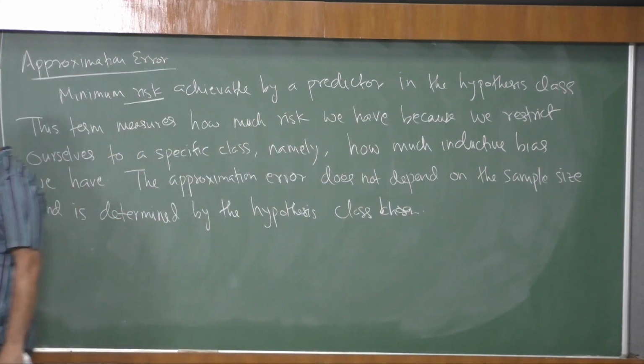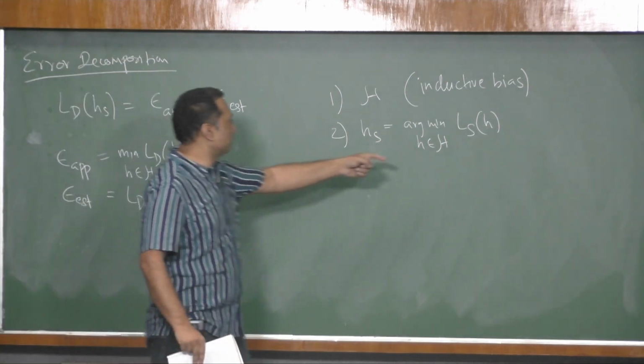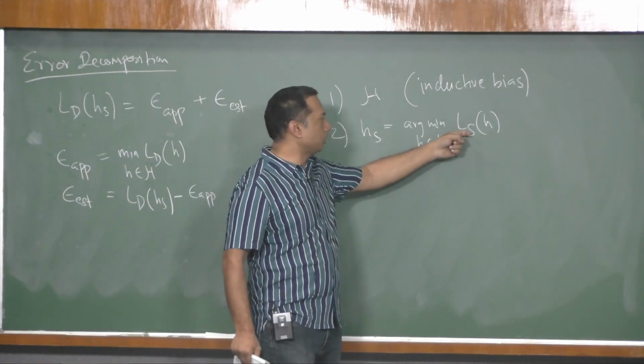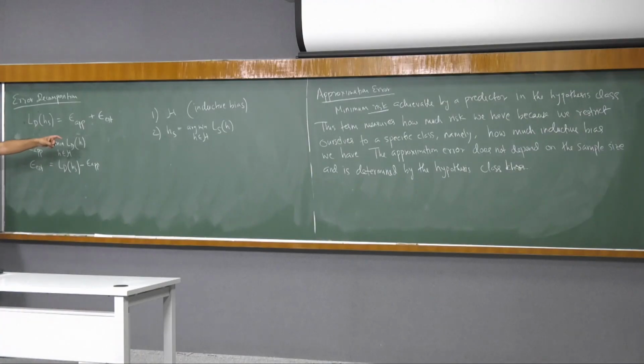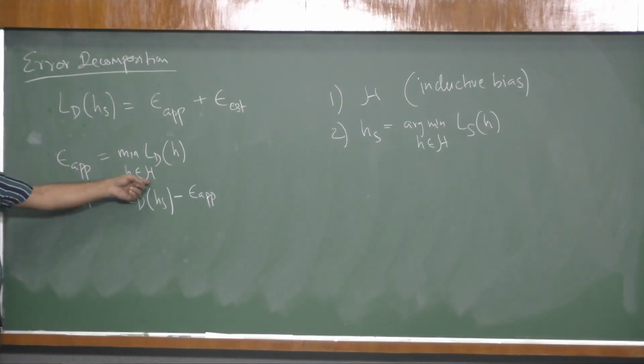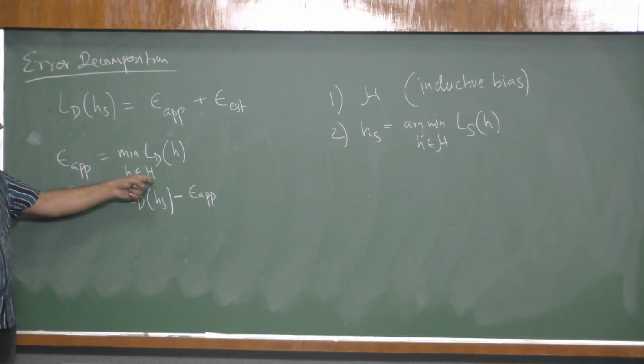Although these are words, it's good to just write down and slowly think about these things, because this is the true error. This guy, the training error, does depend on sample size. Enlarging the hypothesis class may decrease the error. Obviously, if I enlarge H, it may happen that I get the ideal one.